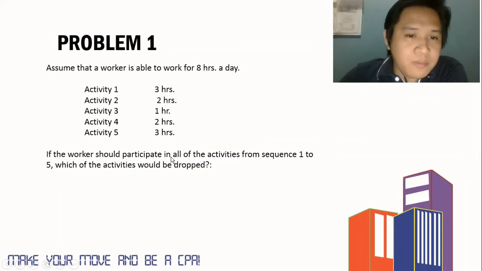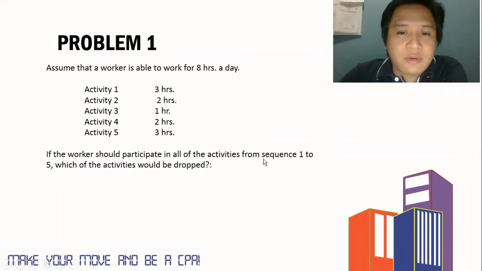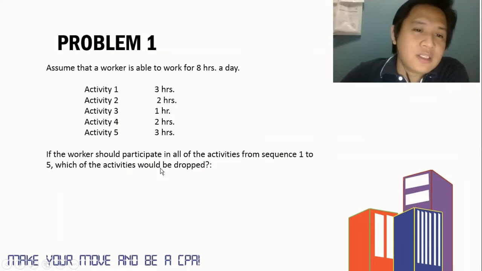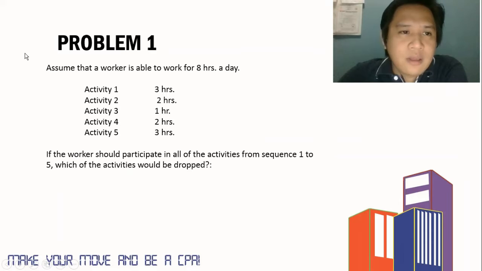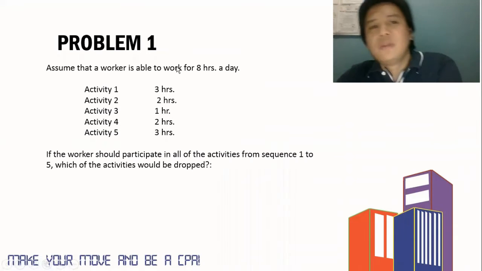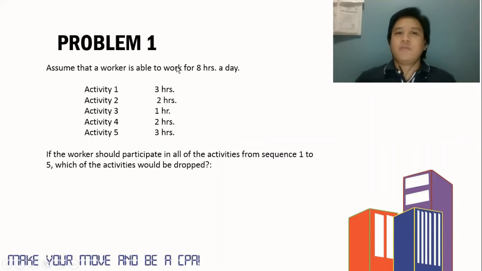If the worker should participate in all of the activities from sequence 1 to 5, which of the activities would be dropped? Now, again, if we look at the limited resource of the worker in terms of time, he only has 8 hours of working time.